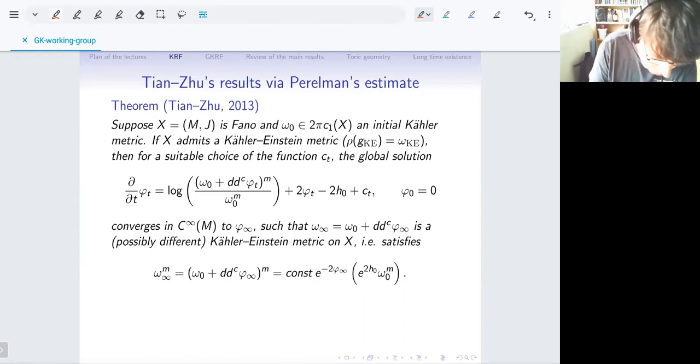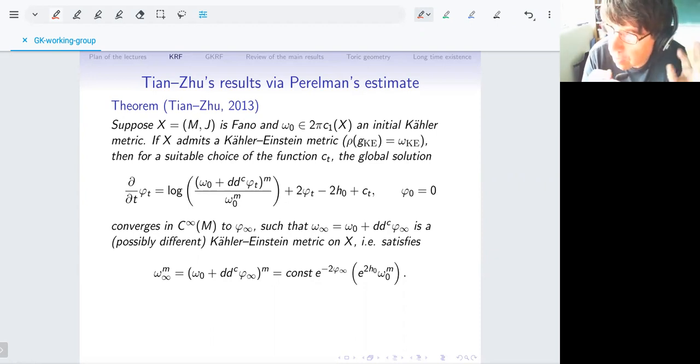So what they prove is that if you have a Fano manifold, and if you assume that this Fano manifold admits Kähler-Einstein metrics, that's not always the case. There are many Fanos which don't admit Kähler-Einstein metrics, and that's where all the troubles come. But suppose that we are in the ideal situation. You know from the beginning that you have a Kähler-Einstein metric.